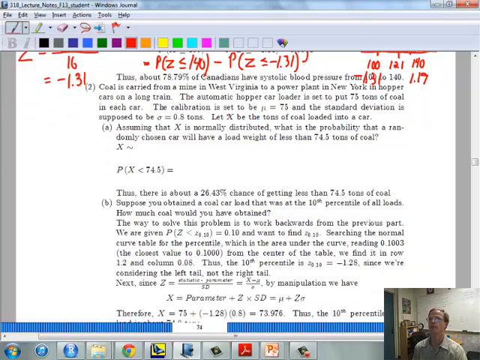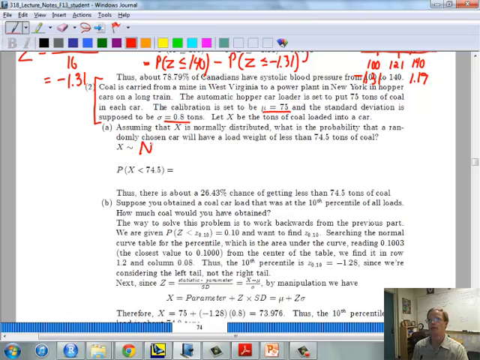Okay, last example. We're going to switch scenarios to some type of manufacturing process. Very common to see these kinds of applications. In this one, we're going to have a hopper car loader putting coal into cars. Calibration is set to have an average of 75 tons of coal and standard deviation 0.8 tons.